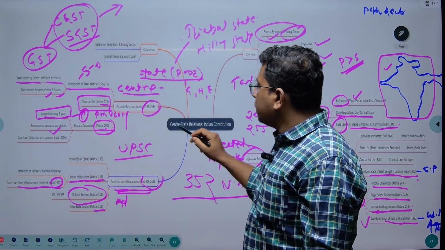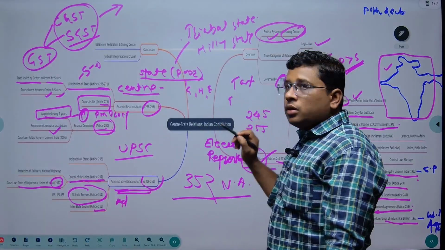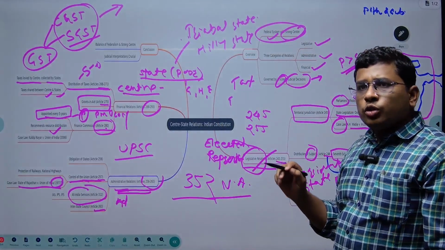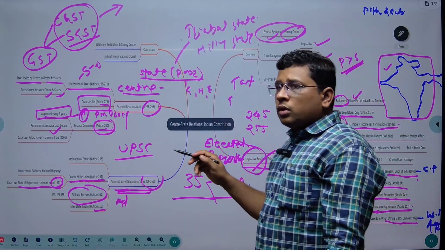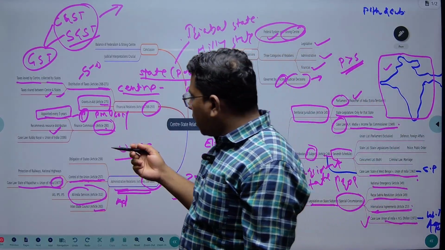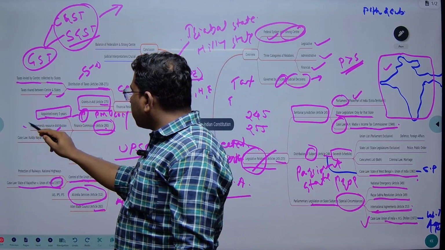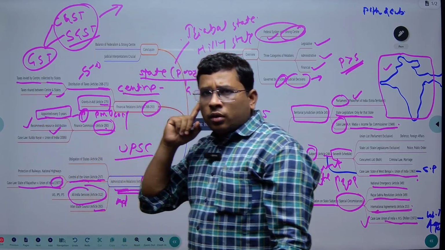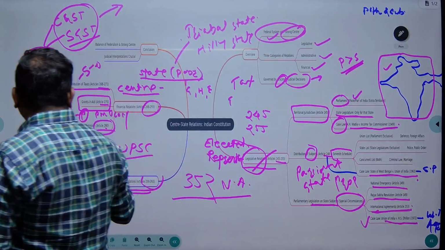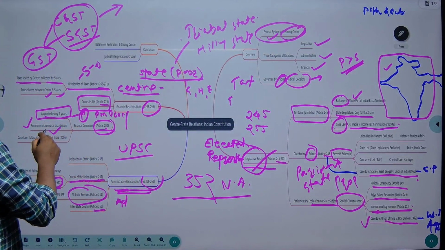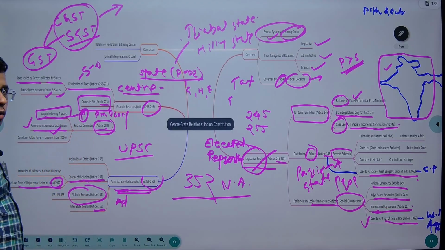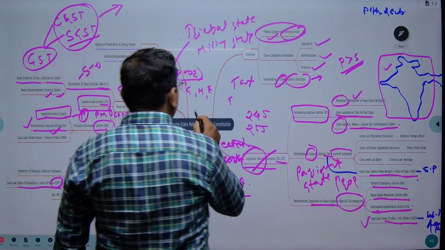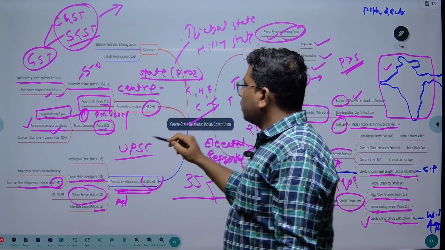Just now we saw the taxes collected by the center and state, and how the distribution of the taxes happens. So the Finance Commission can recommend the distribution of taxes between center and state, right?